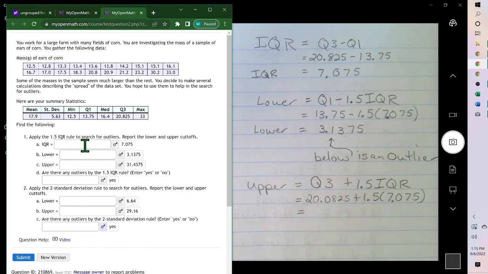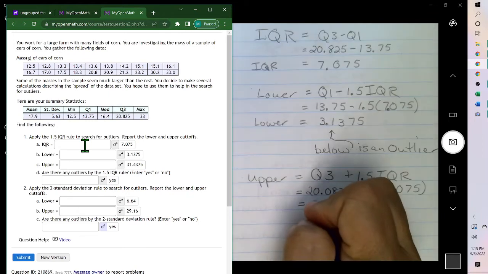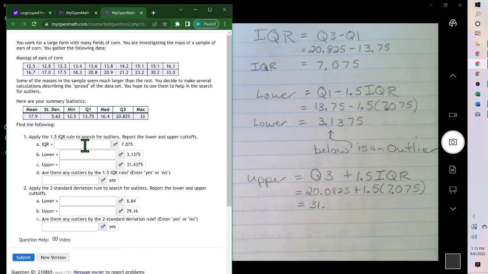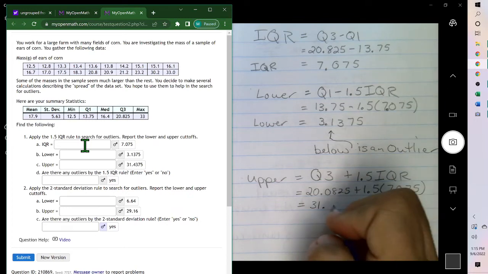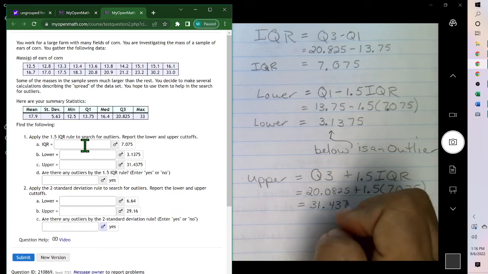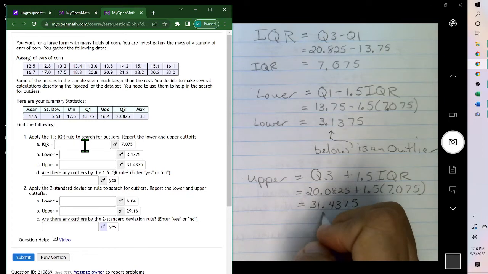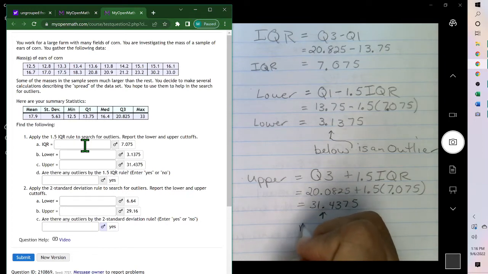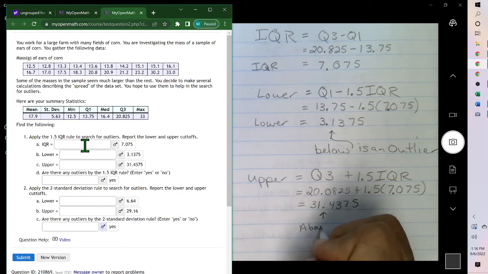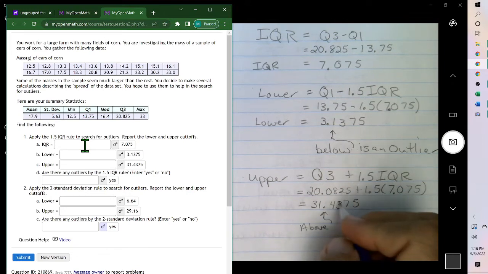And when we do that, we get 31.4375. So anything above this value is an outlier.